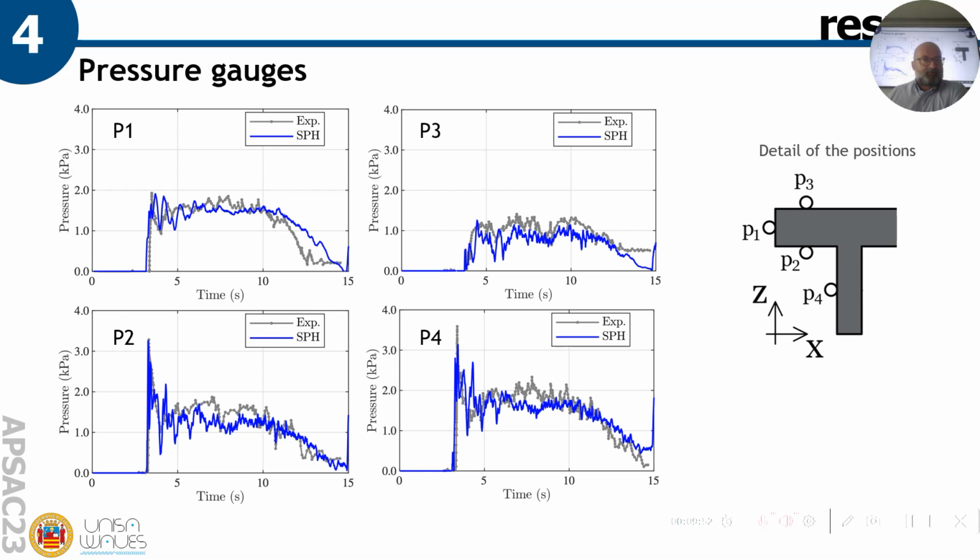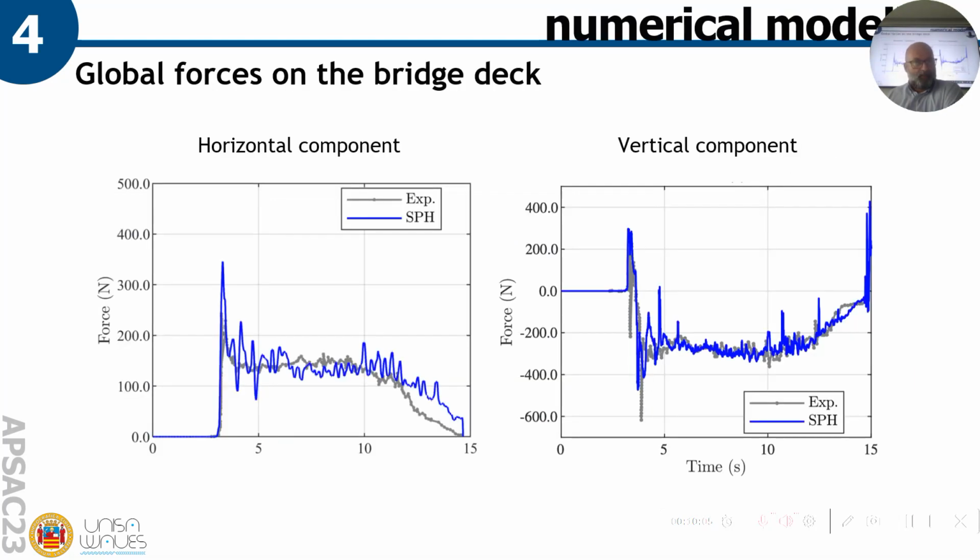These are the comparisons of pressures. The blue one is the SPH, compared with the experimental one. Of course, for the total force experienced by the bridge, it is better again. In the first part of the process, we get quite well the first spike of the force as the wave impacts the bridge.